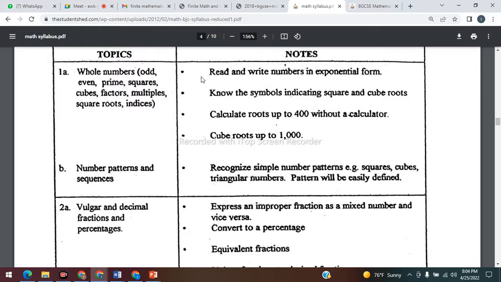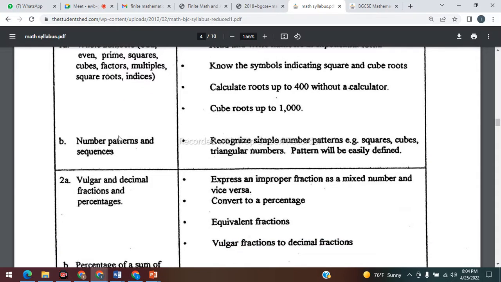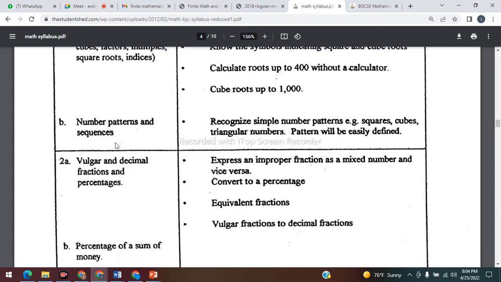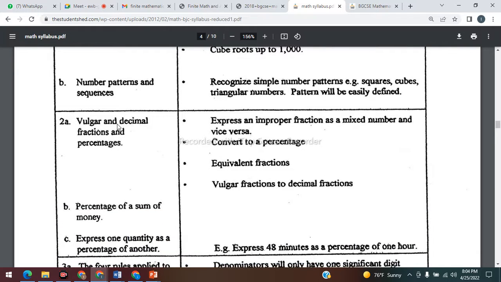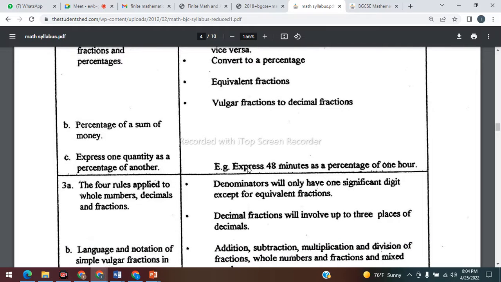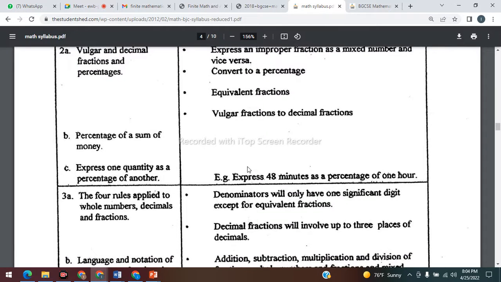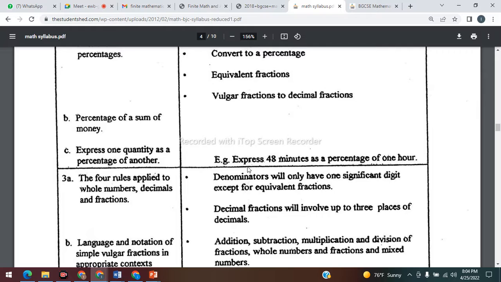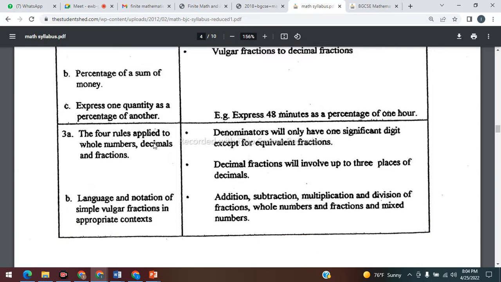Okay, so whole numbers, primes, factors, multiples. Yeah, we did all that. Number patterns and sequences, yes, for sure. Vulgar and decimal percentage fractions. Convert from fraction to decimal. Convert from percentage to equivalent fractions. Yes, all that. Then we have PEMDAS.